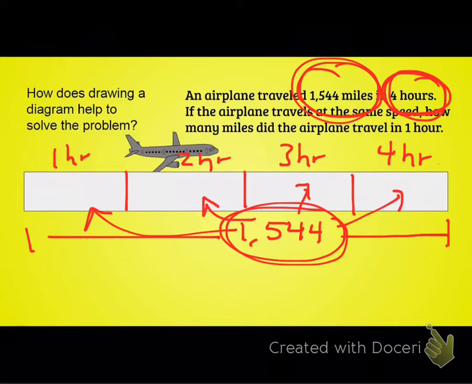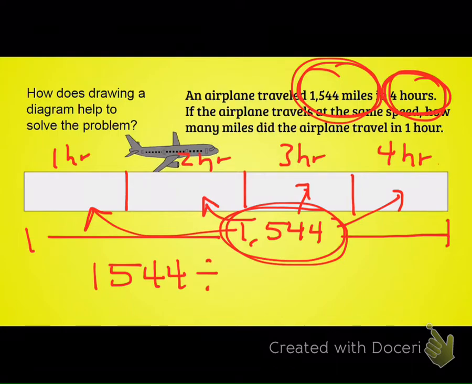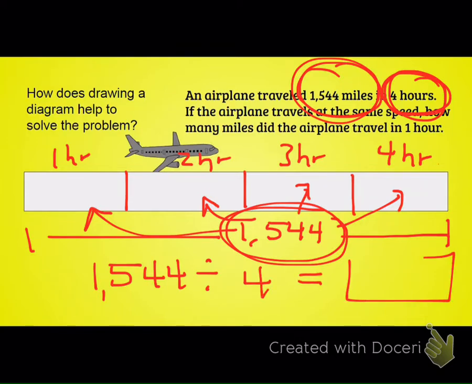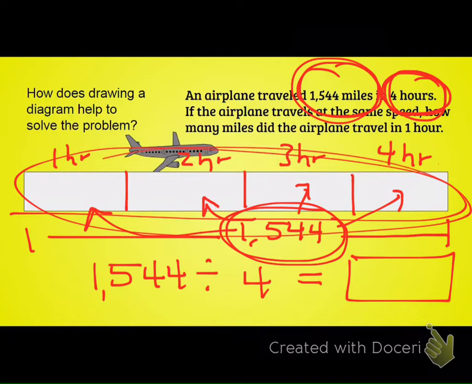So we're going to set that up, showing that we're going to separate into 4 pieces by writing it 1,544 divided by 4. And then we can go ahead and solve that. I'm not going to do that, but that's how you set the problem up, helping you with this tape diagram that we drew here.